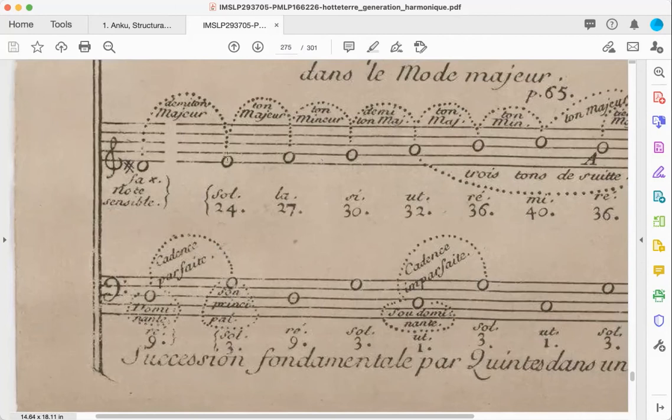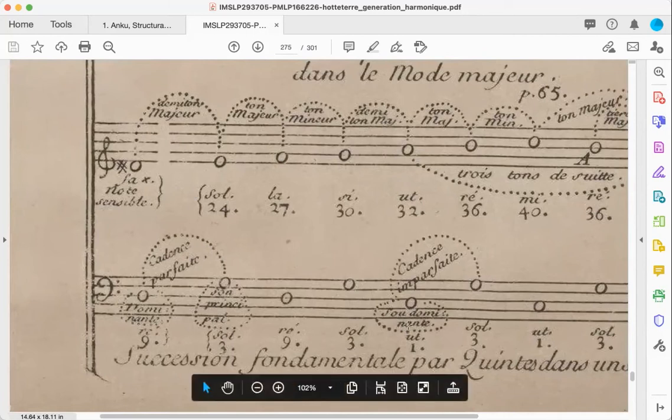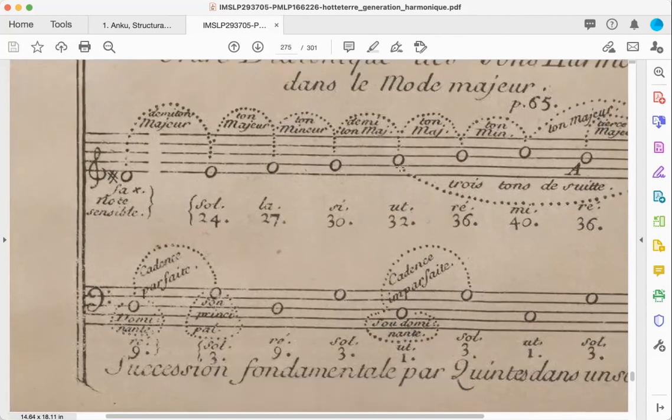And there's our limit, that B. Now to get the C, we have to add a fundamental sound of C, which is the lower fifth of G. You see here, he calls that the subdominant. And we can move C over C, D over G, and that is what Rameau calls an imperfect cadence, okay?